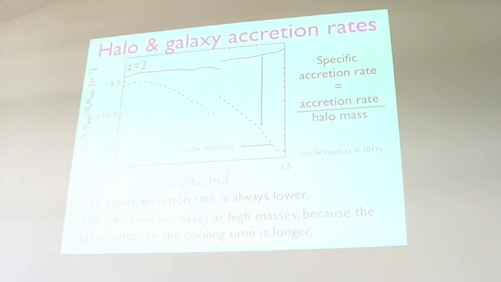As opposed to halos, now cooling becomes very important because the gas can only accrete onto the galaxy after it has cooled, and because this takes longer in higher mass halos with higher temperatures, you get a large reduction of the galaxy accretion rate compared to the halo accretion rate.